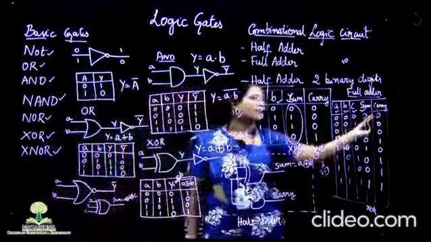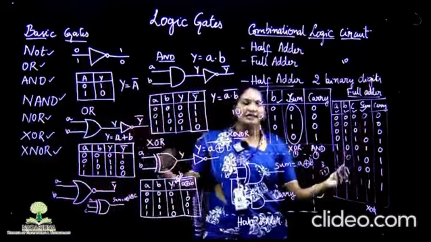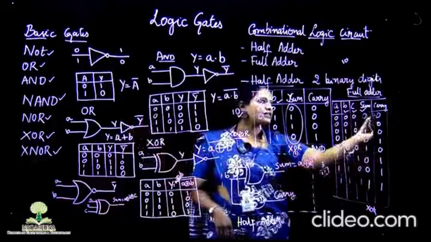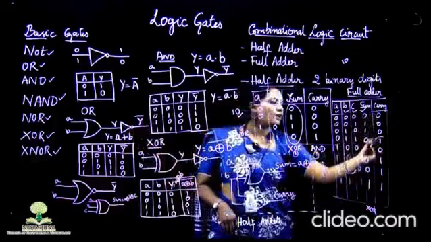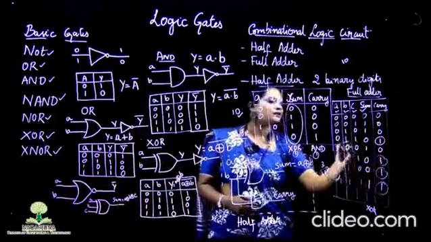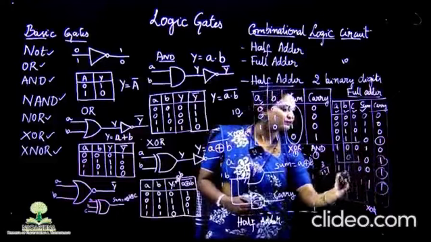Coming to the carry part, as we can see, we won't be able to directly implement it with any of the gates here. Hence we have to simplify this equation. How do we simplify? Check whenever the carry is high and write the Boolean expression and simplify.